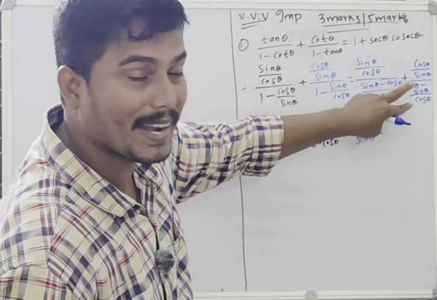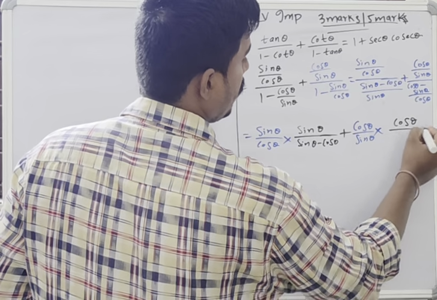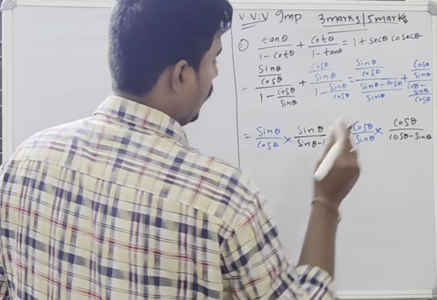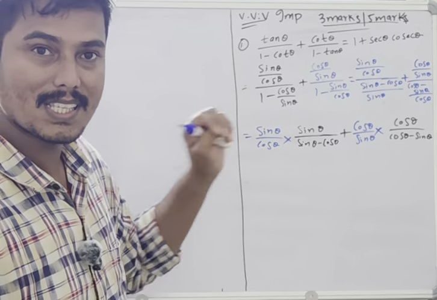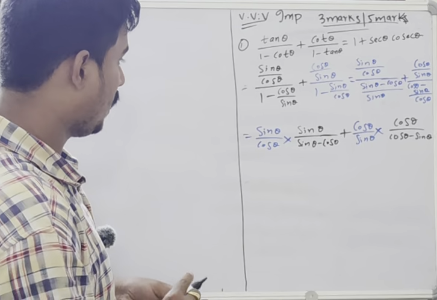So c by d will become d by c: cos theta by cos theta minus sin theta. Now sin theta into sin theta, sin square theta. Cos theta into cos theta, cos square theta.